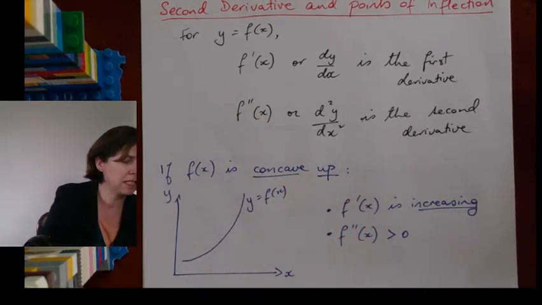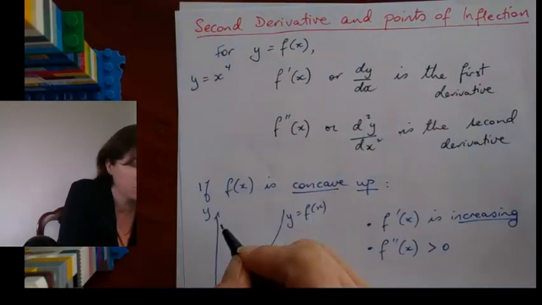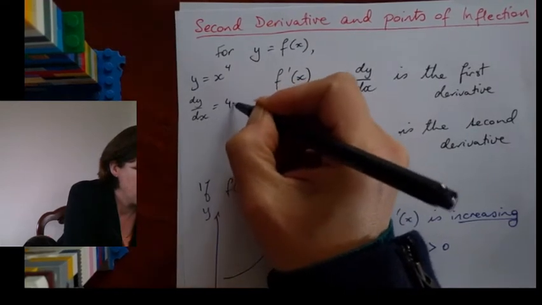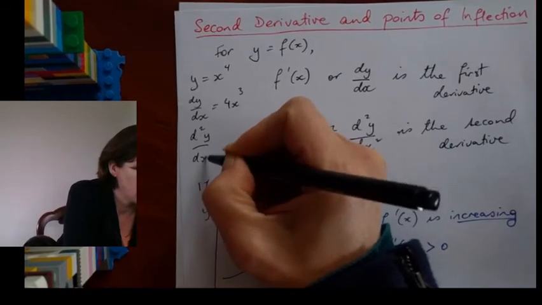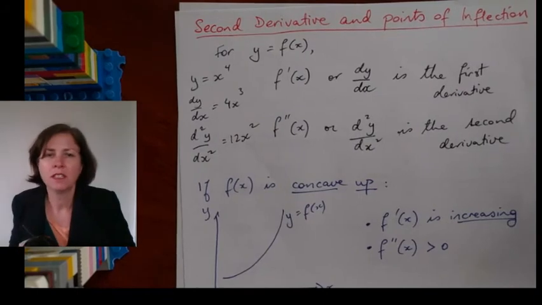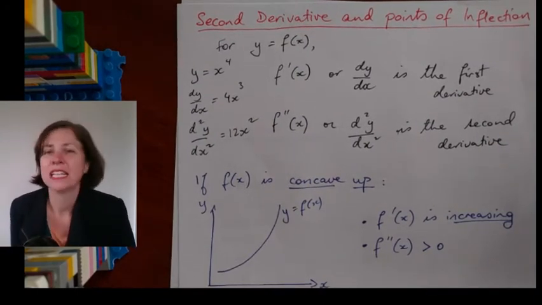So to make this clearer, if I have y equals x to the power of 4, then dy dx is going to be 4x cubed, and d squared y dx squared, that's the second derivative, is 12x squared. I derive it and then I derive it again. Now you guys have already actually done this when you're looking at acceleration.